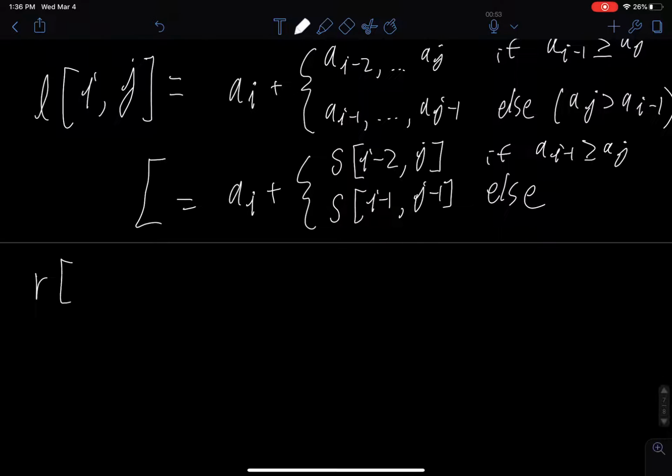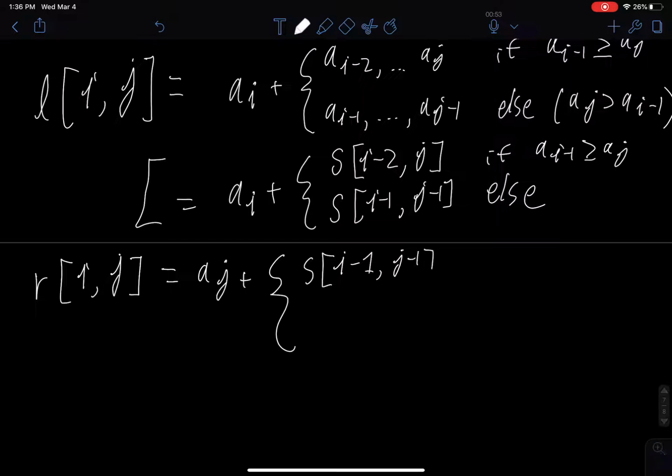Similarly, we can write out the recurrence relation for R sub ij. This will be another good moment to pause and see if you can write down yourself the recurrence relation for Rij. Rij is equal to A sub j, because we choose the rightmost card, plus, first choice. We can think, what if Ning takes the leftmost card? Then our choices for the next turn will be S sub I minus 1 through j minus 1.